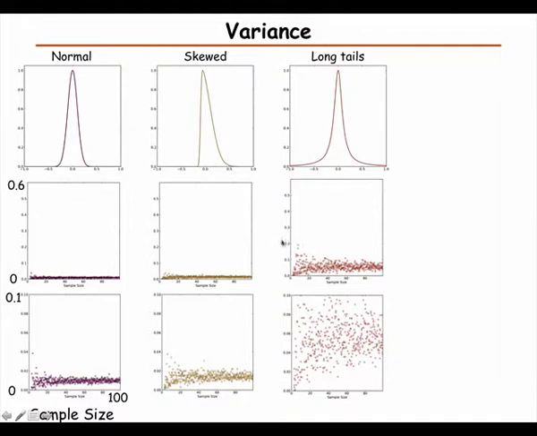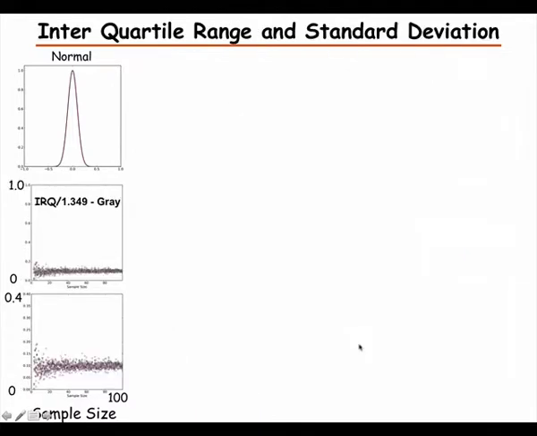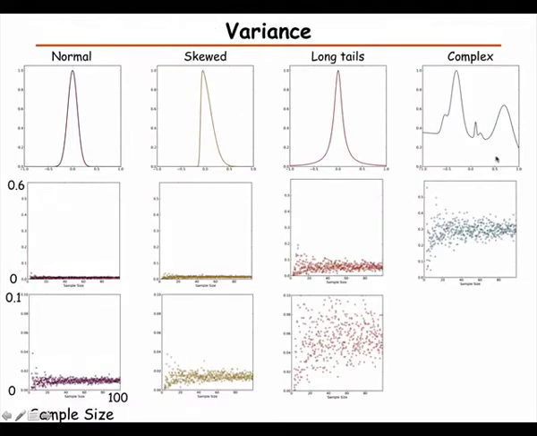But here we see that there is a much larger spread, and the same for the complex distribution, which again has a very big variance. And again, this is just to show that this really is not right. I mean, this is a distribution we shouldn't calculate a mean and a variance on.